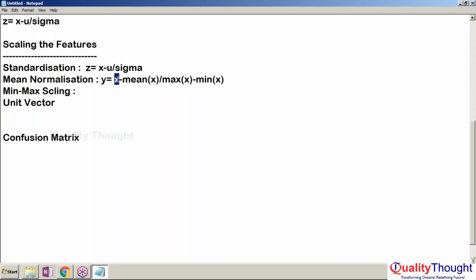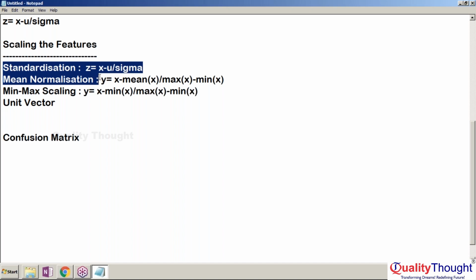And coming to the minimum maximum scaling, generally what happens with it? It also looks the same, but the only difference is, let me just show you, instead of mean, you will have something called minimum. That's the only difference. And generally standardization and mean normalization we will use in something called principal component analysis.